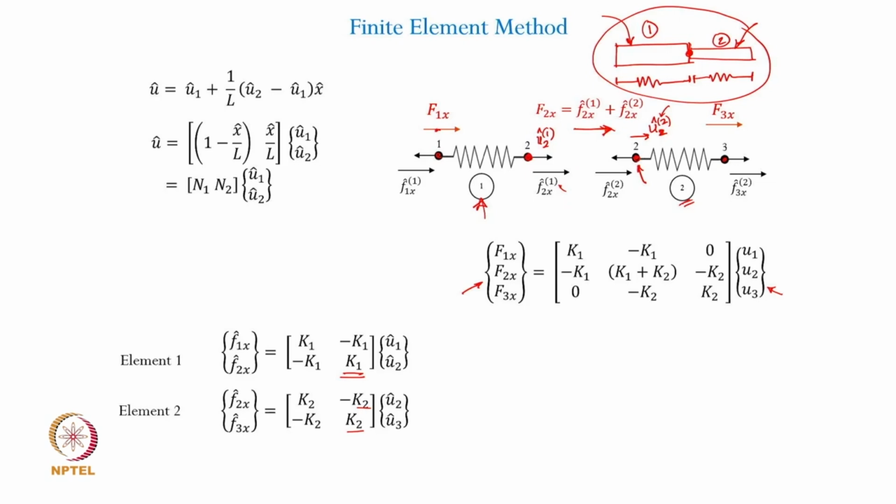So with that you can show that these two equations can be combined together to generate the force deformation relationship given by a matrix, which is an assembled stiffness matrix here.